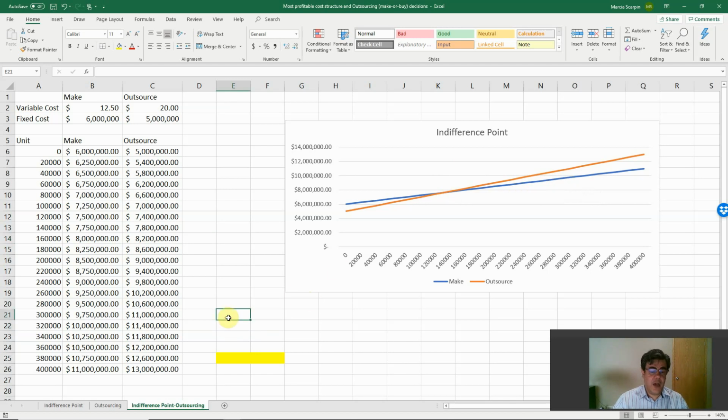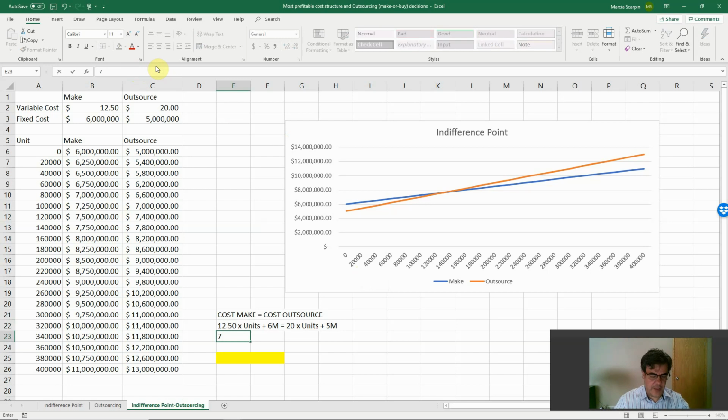Remember, costs to make equal costs to outsource. What do we have here? 12.5 times units plus 6 million equal to 20 times units plus 5 million.